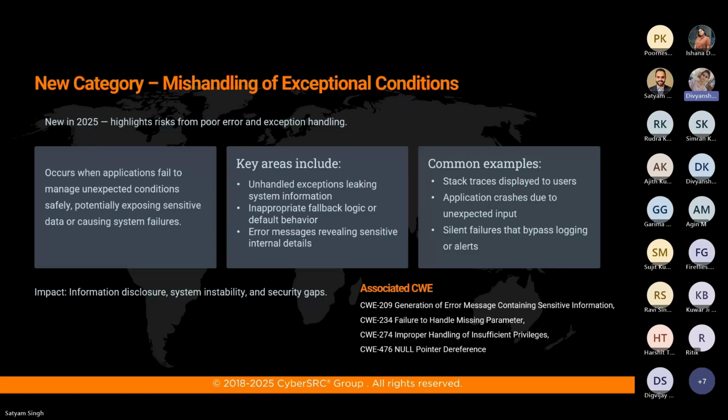Next, there are silent failures that skip logging or alerts, making incidents harder to detect. It may sound like jargon, so what is logging, what is an alert? What happens when we log in to a web application and it does not show any alert?